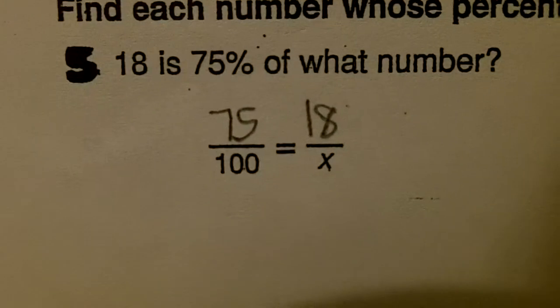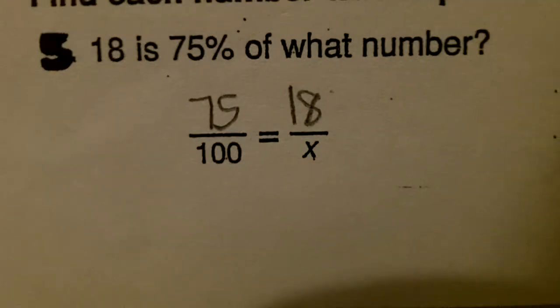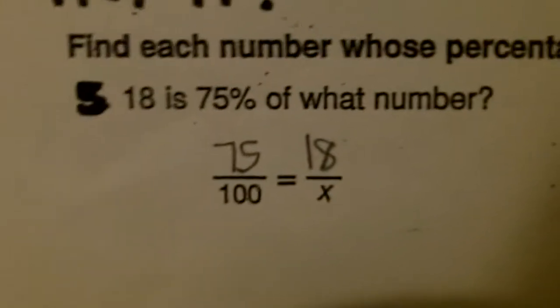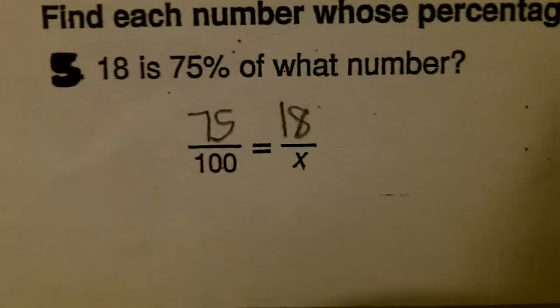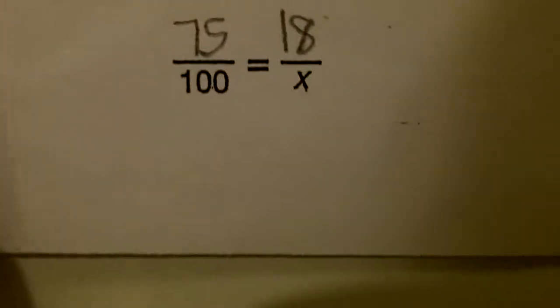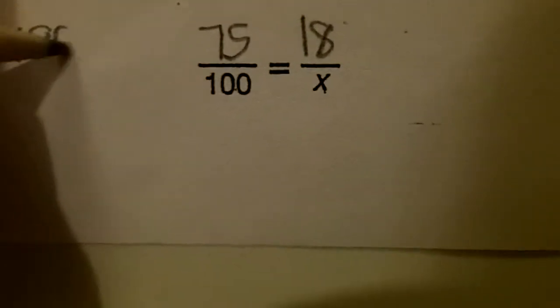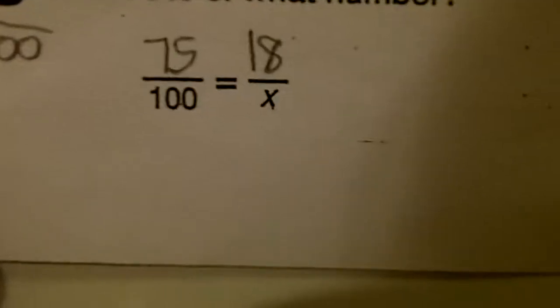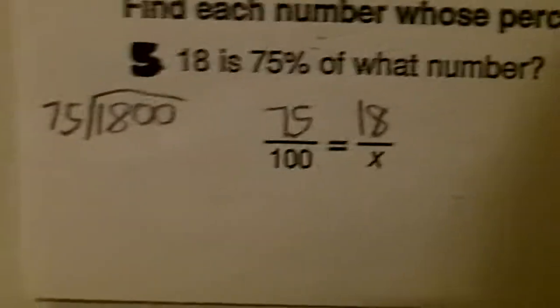We are now going to use cross multiply and divide to solve for this problem. Please pause the camera while you solve for x. I'm going to go ahead and go over the solution now.